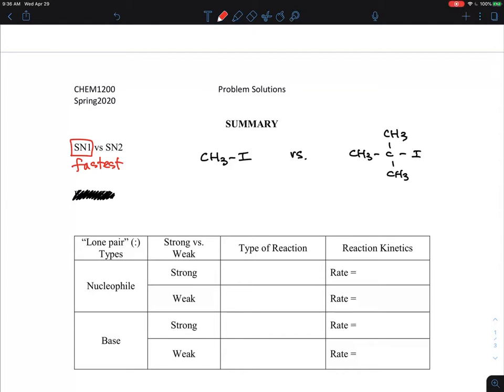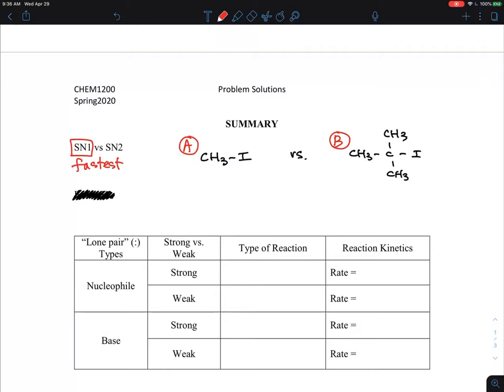Let's say this is A and this is B. I just want to compare these two compounds. Which one will react faster?